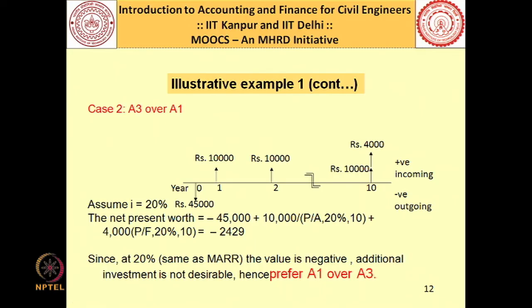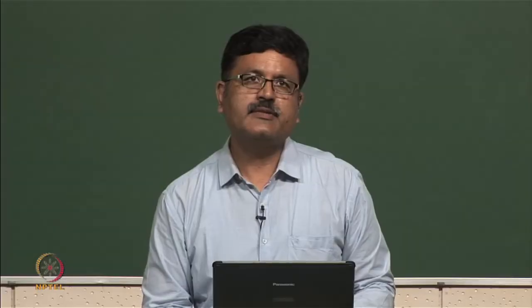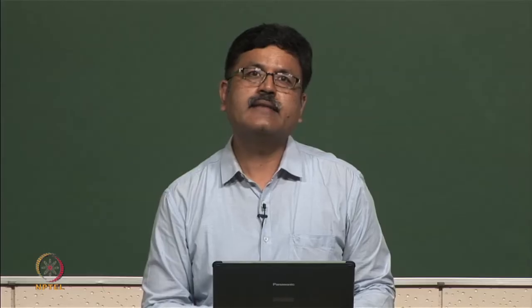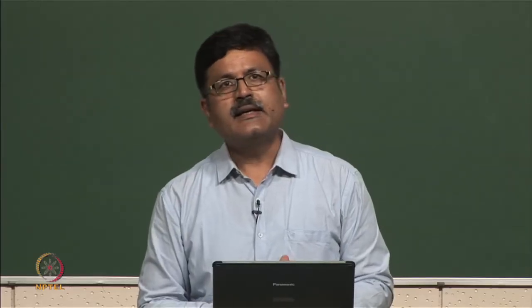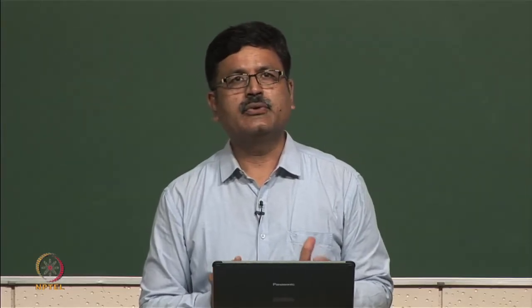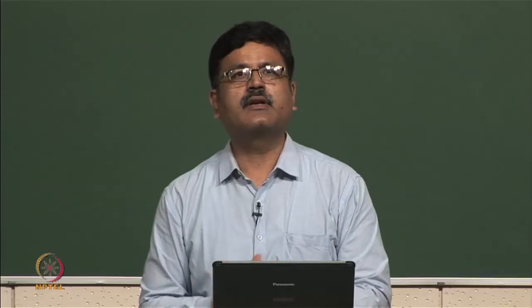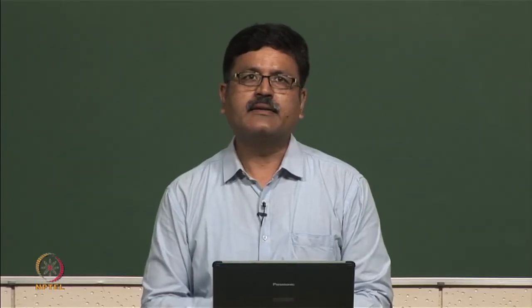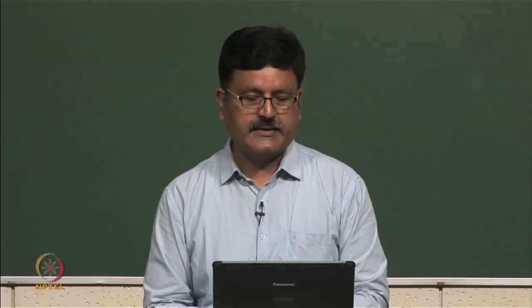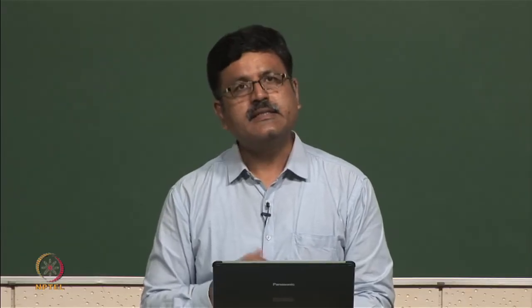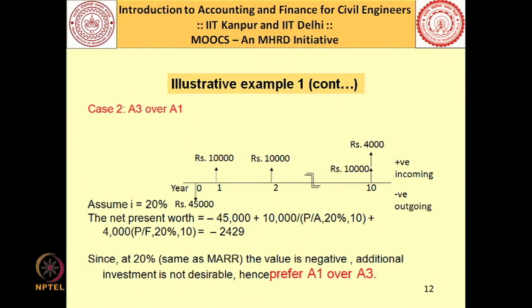What does this indicate? This means that the internal rate of return for this additional investment of 45,000 is less than 20%. So, it is not wise to invest this additional 45,000, and the conclusion is we stick to A1 and do not go for A3.